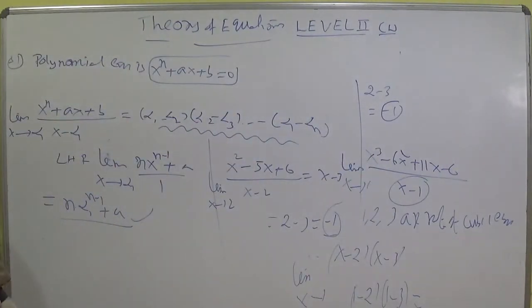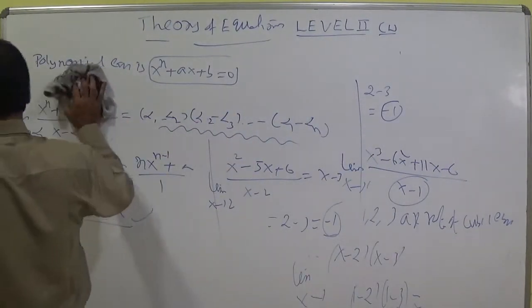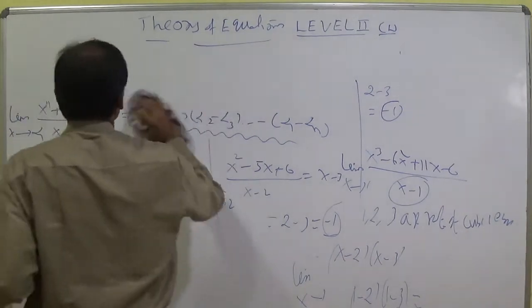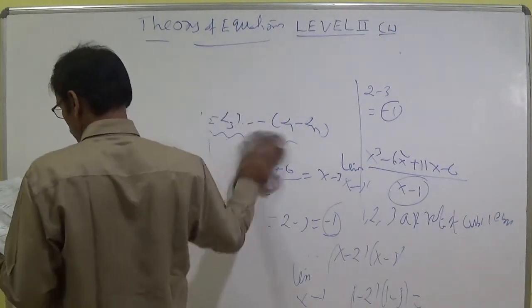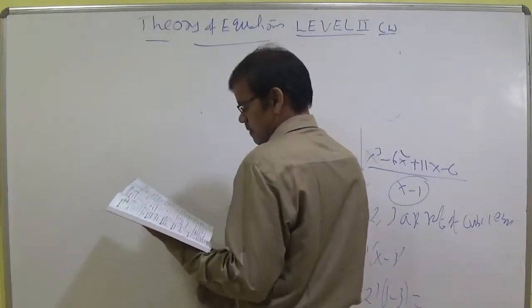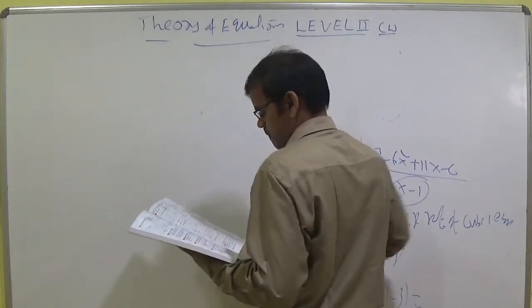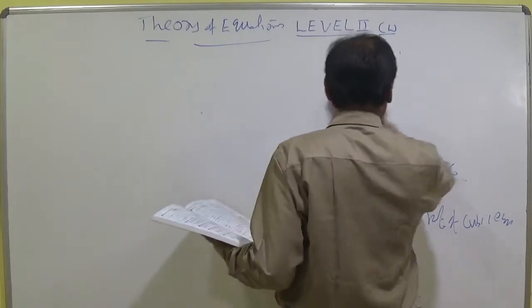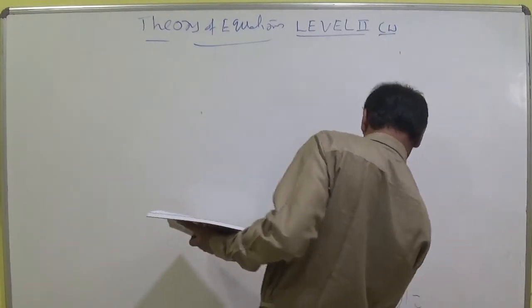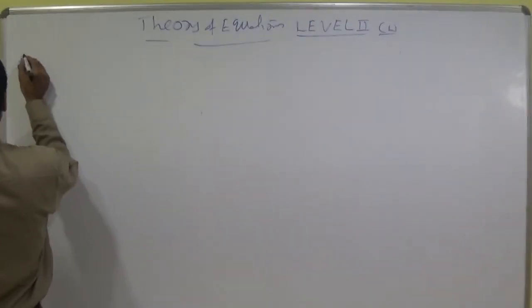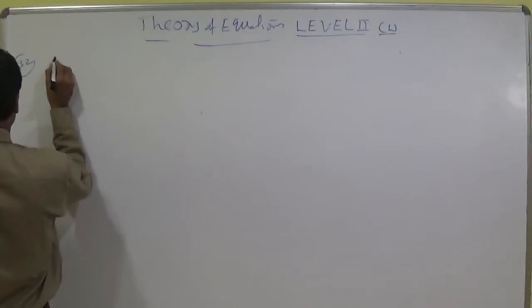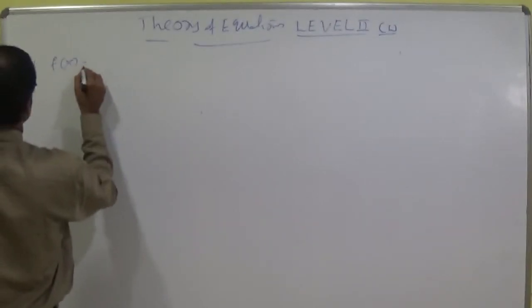32nd question. If 2 plus root 3 is a root of 6x power 4 minus 13x cube minus 35x square minus x plus 3 equal to 0. F of x, I am writing this one.